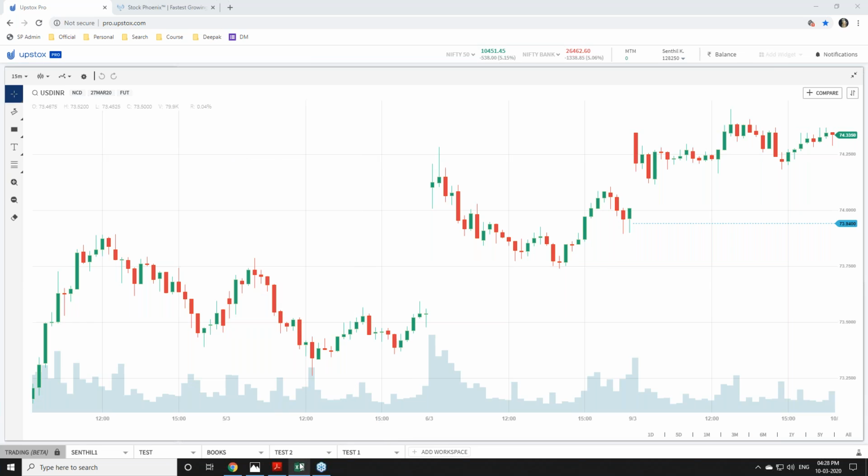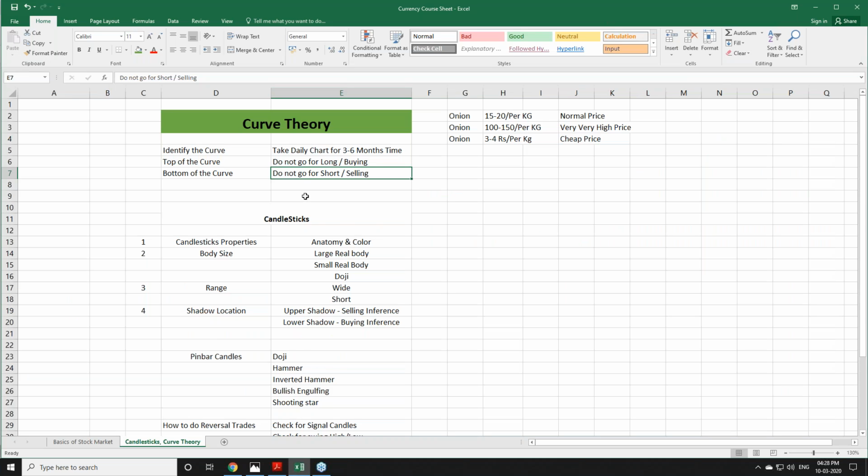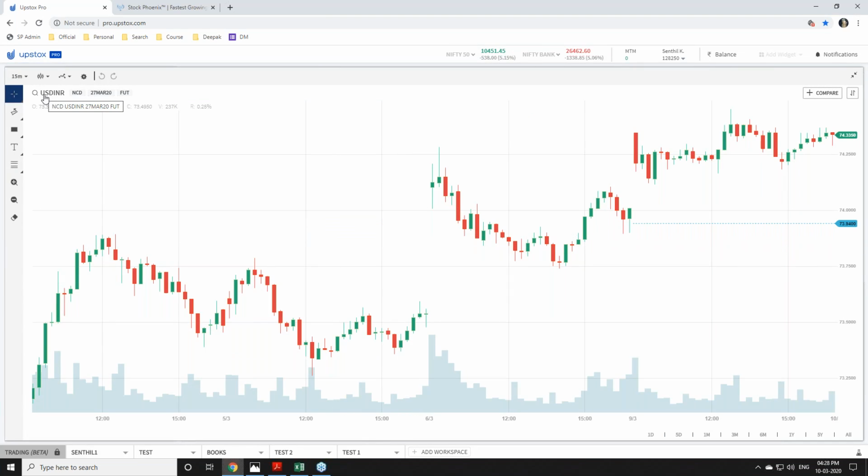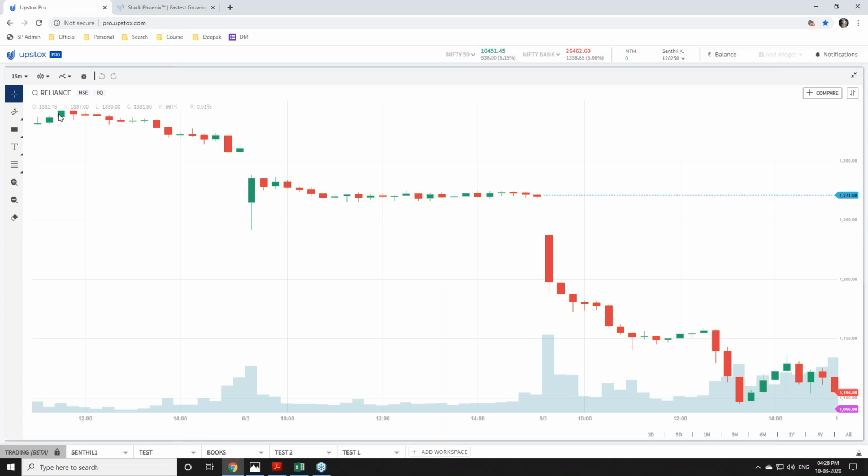Now we are going to study the next important topic, which is called candlesticks. As we discussed earlier in the session, we are going to learn about the candlesticks. So let me switch back to Reliance. Because stock is primary, it will be easy to understand.